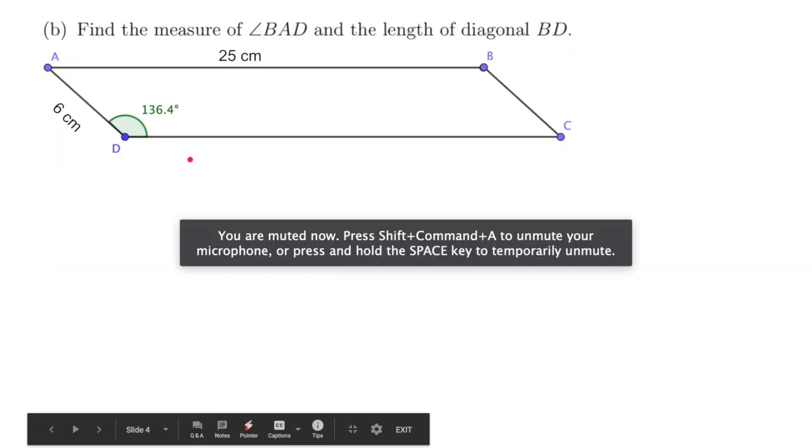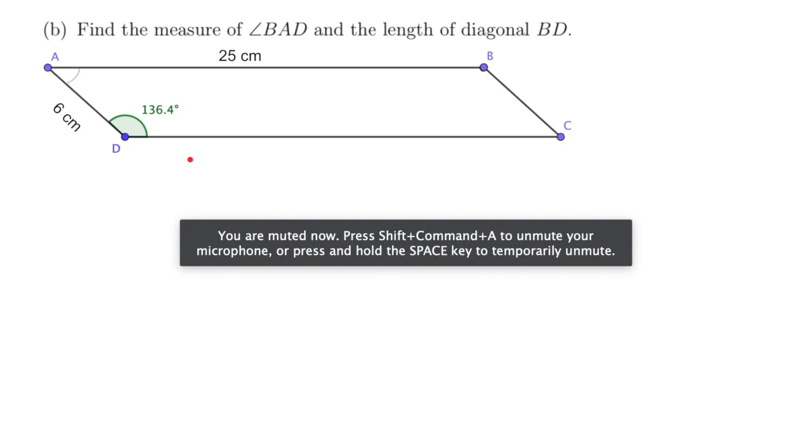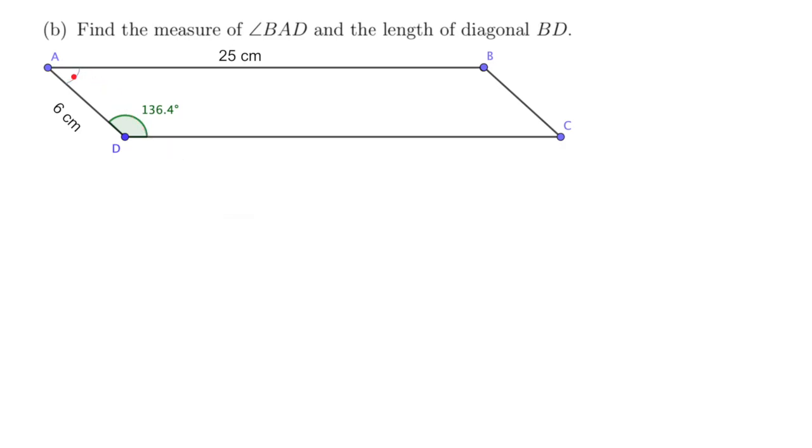For B, we're going to need to find the measure of angle BAD right here, and the length of diagonal BD right here. So first, to find the measure of angle BAD, we're going to use the transversal rule.